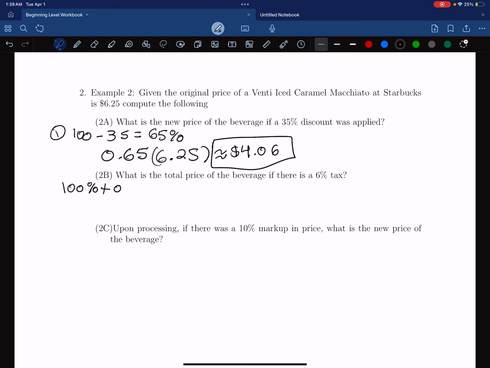We're going to add 6% because it's a percentage increase. We're going to get 106%. Now to convert that into a decimal form, that is going to be 1.06. And we're going to multiply that by 6.25, the price of the drink. And that's going to get us approximately $6.63.